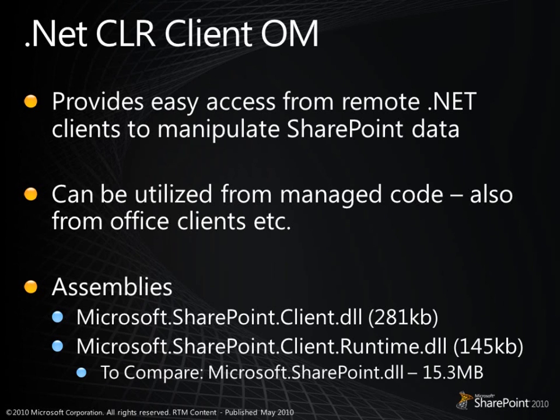Assemblies to provide the client object model connectivity are located in the ISAPI folder under the 14 root. By default, this is C:\Program Files\Common Files\Microsoft Shared\Web Server Extensions\14\ISAPI folder. There are two different assemblies available, which are Microsoft.SharePoint.Client.dll and Microsoft.SharePoint.Client.Runtime.dll. The size of the assemblies is considerably smaller than the default SharePoint assembly Microsoft.SharePoint.dll.